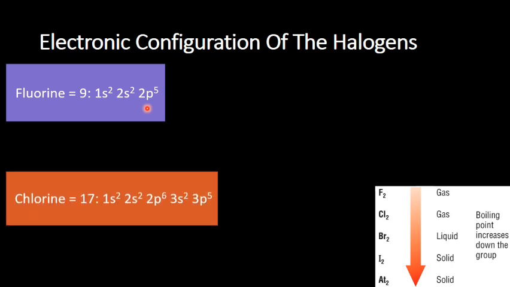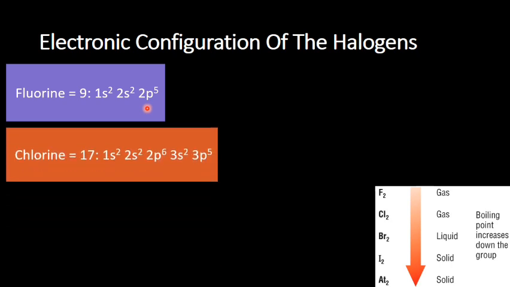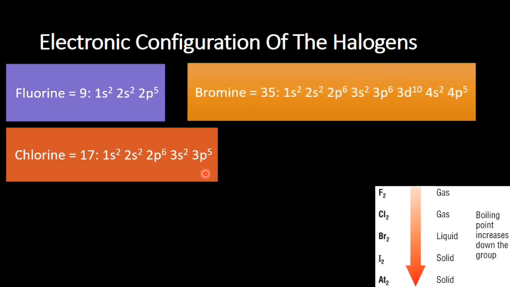Okay, we also have chlorine. The atomic number of chlorine is 17, and the electronic configuration is 1s2, 2s2, 2p6, 3s2, 3p5. Then we have bromine. The atomic number is 35, and you are seeing the electronic configuration.